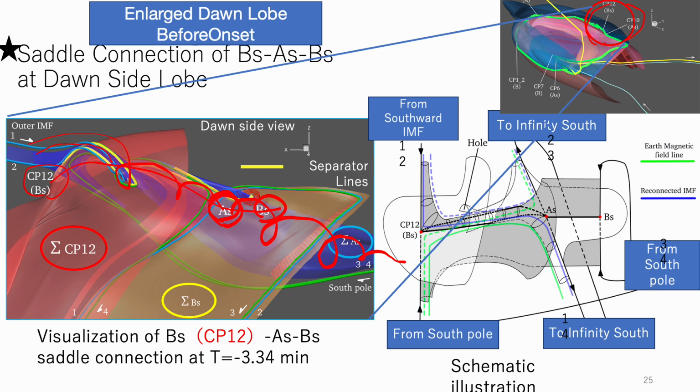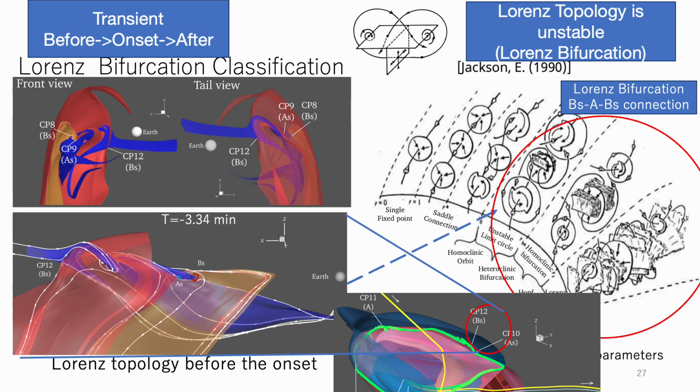This spiral magnetic field forms a special tube, and through this tube, southward IMF can penetrate into the magnetotail region. This BS, AS, BS triple saddle connection is a famous Lorenz topology, and this is known to be unstable.